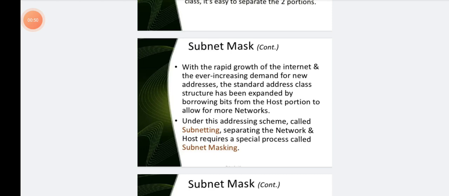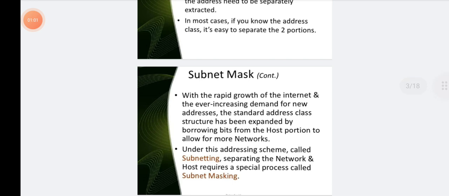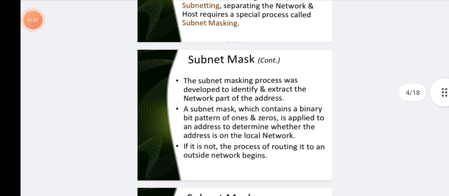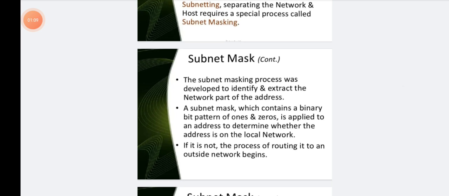Under this addressing scheme called subnetting, separating the network and host requires a special process called subnet masking. The subnet masking process was developed to identify and extract the network part of the address.